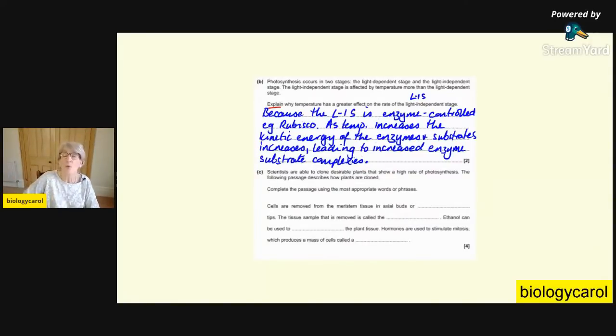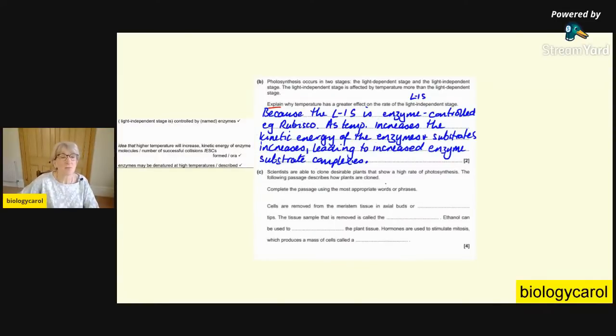So here I am now, doing a further explanation of what it means about the light-independent stage being enzyme controlled. As temperature increases, the kinetic energy of the enzymes and the substrates increase, leading to increased enzyme substrate complexes. I was very happy when I started writing this sentence and realized I was going to end up talking about enzyme substrate complexes. Classic bit of enzyme terminology to get into an enzyme answer. So here's the mark scheme.